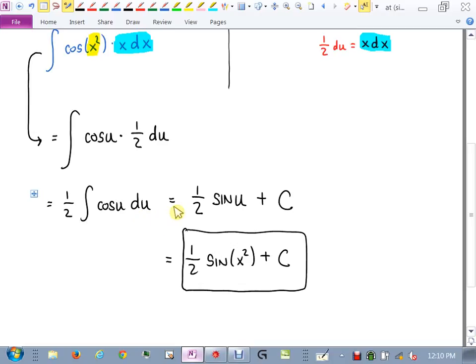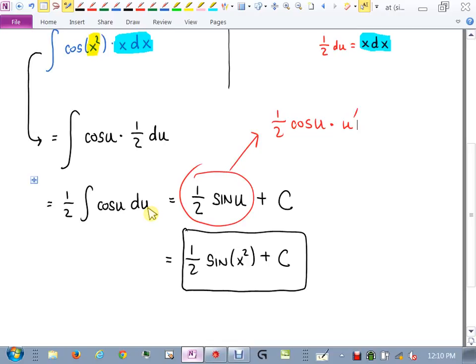Okay, here's why. Let's look at this right here. If I ask you to take the derivative of that right now, you would say 1/2 cosine u, right? But chain rule would say then take the derivative of u, right? So it would be like a u prime. Well, this is kind of like your u prime. See what I'm saying? Now, sometimes that u prime is just 1.